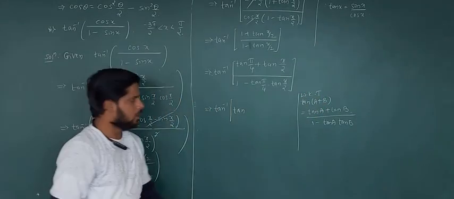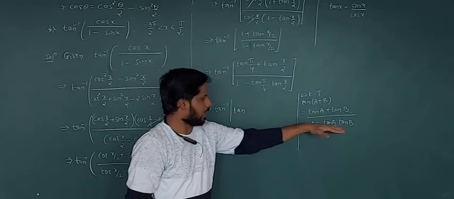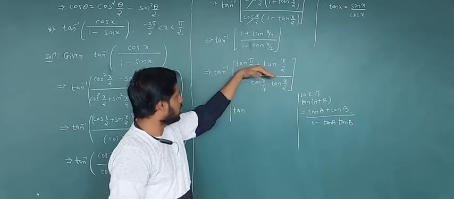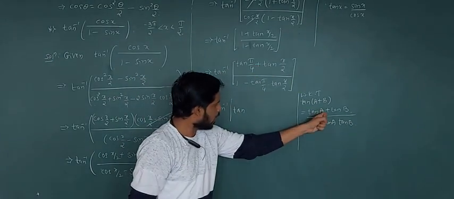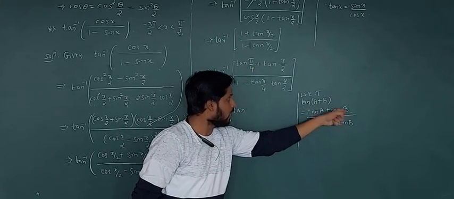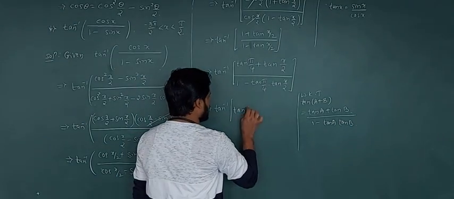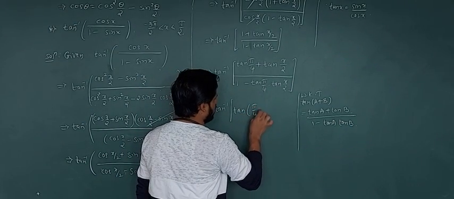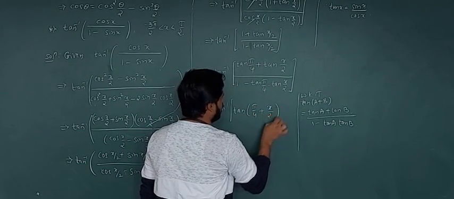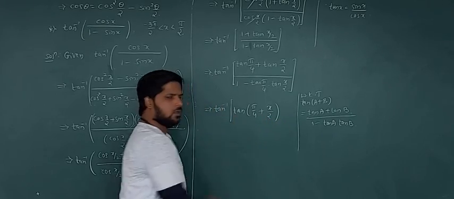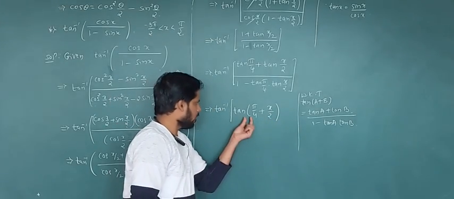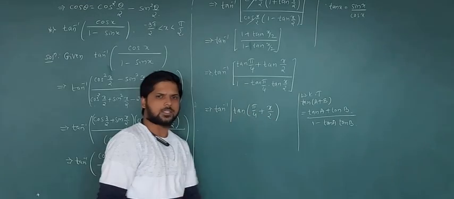Comparing these two equations, in place of a we have pi by 4 and in place of b we have x by 2. So this can be written as tan of pi by 4 plus x by 2, that is tan a plus b, where in place of a we have pi by 4 and in place of b we have x by 2.